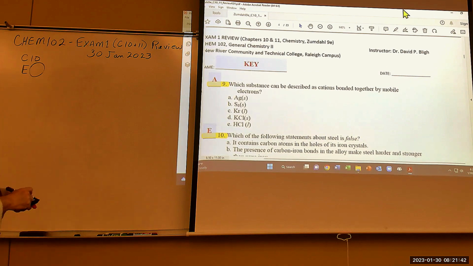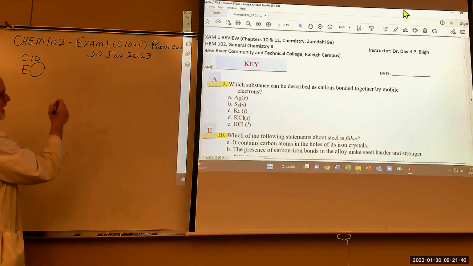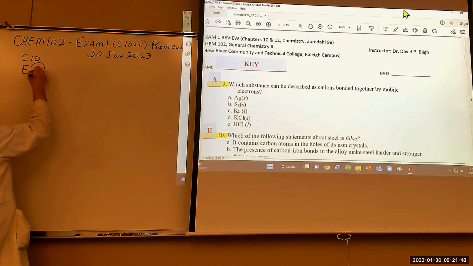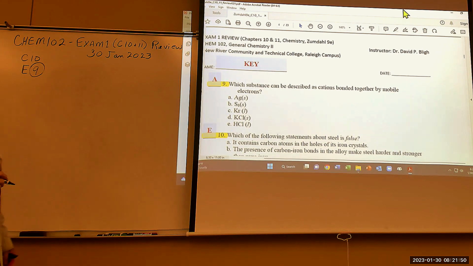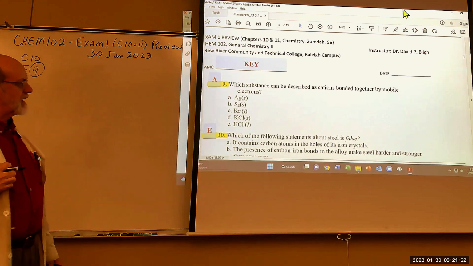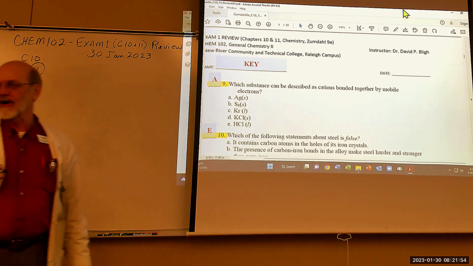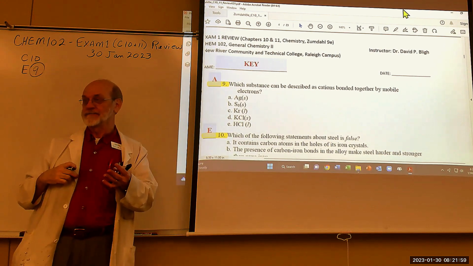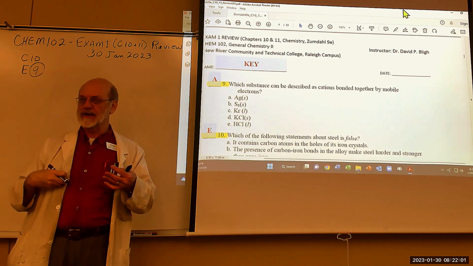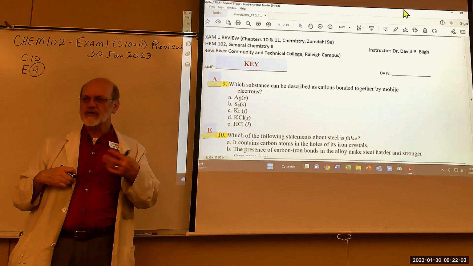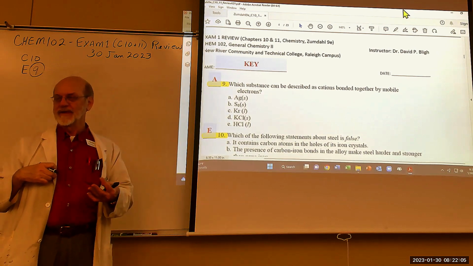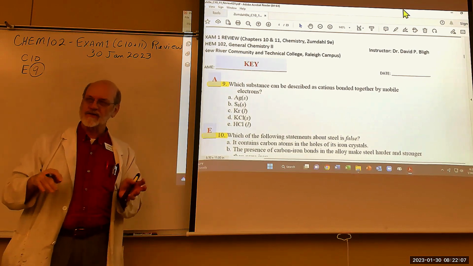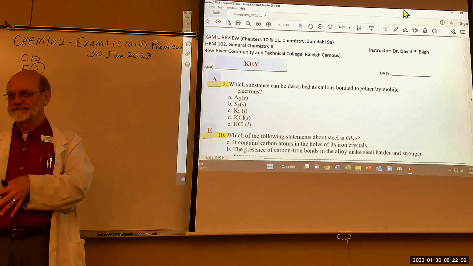All right, 9. Which substance can be described as cations bonded together by mobile electrons? When did we talk about cations bonded together by mobile electrons? Metals. I remember the discussion of metals where we had the electron sea model. And then that didn't satisfy, so we moved to the molecular orbital model.